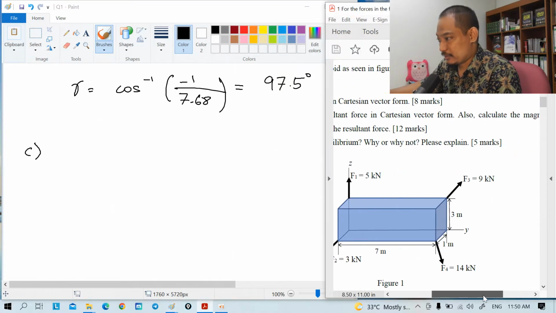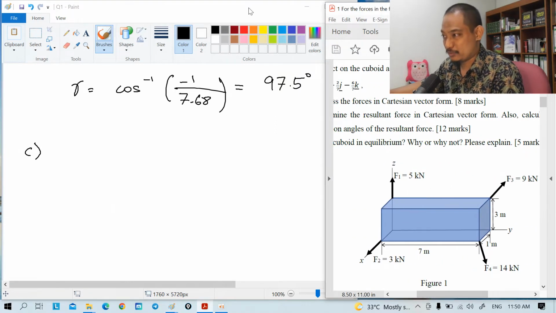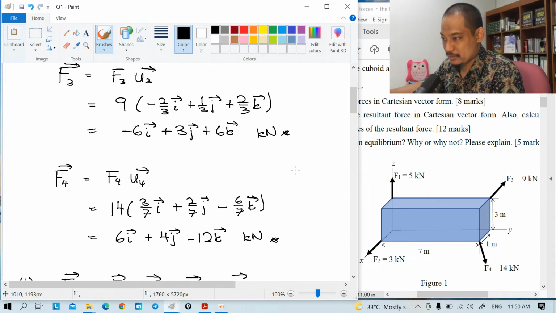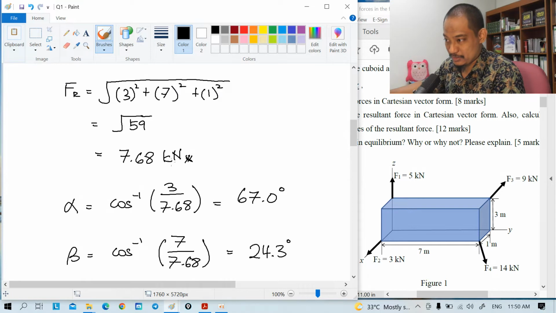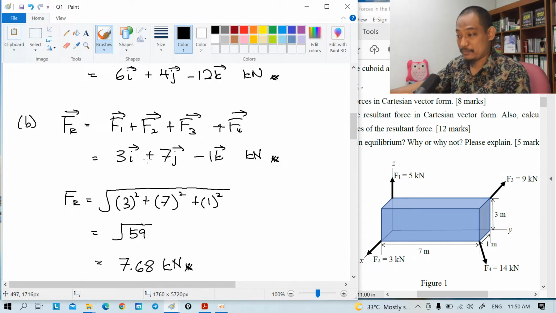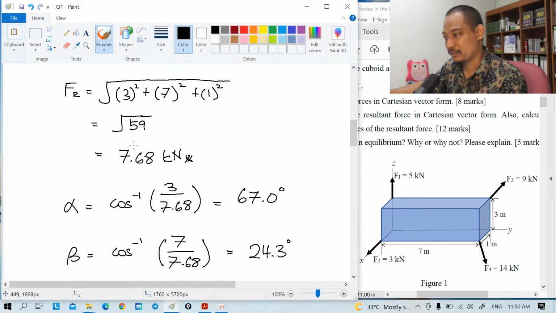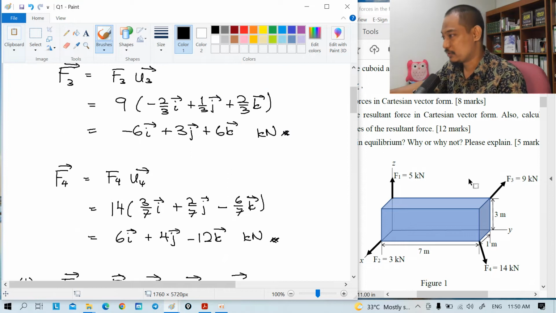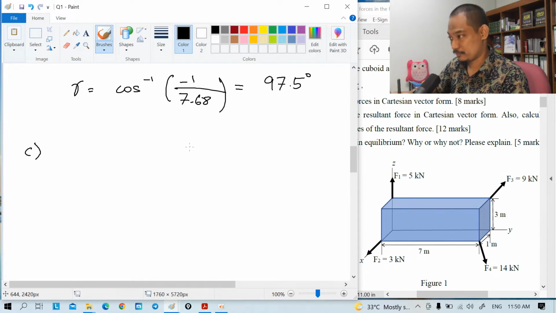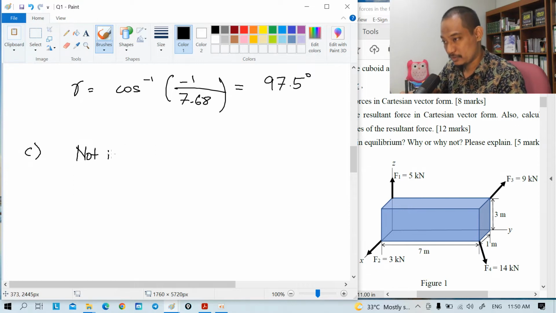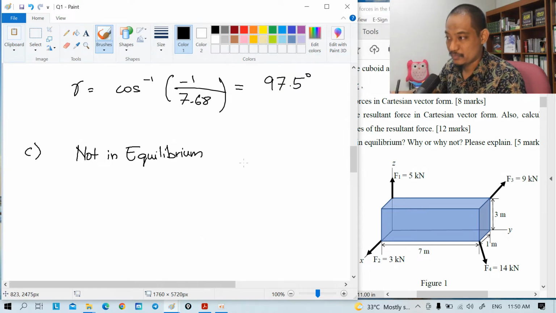What we have right now is the resultant force, which is already the addition of all the four forces, so it is not in equilibrium, right?